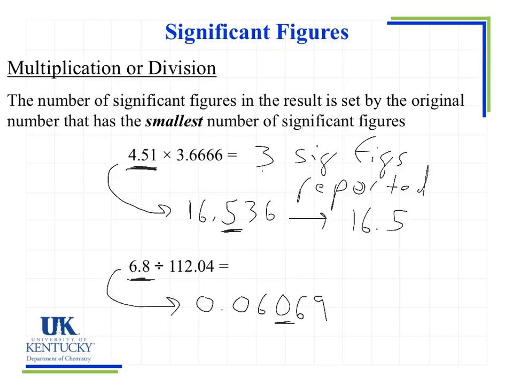There are 2 significant figures in this answer. These are leading zeros, so non-significant. A sandwich zero or trailing zero is significant. Our final answer is 0.061. We round up.